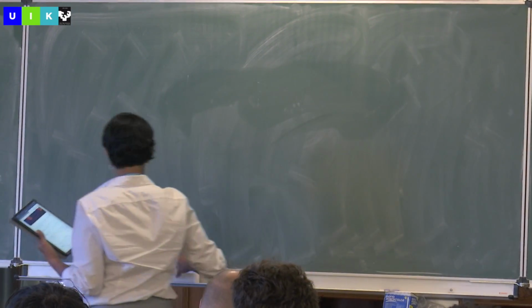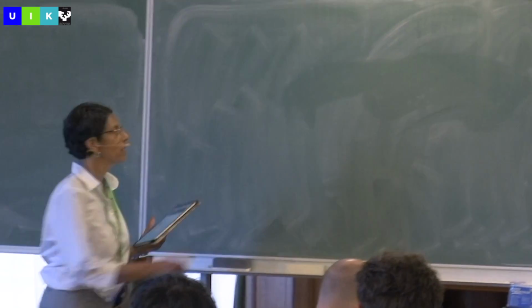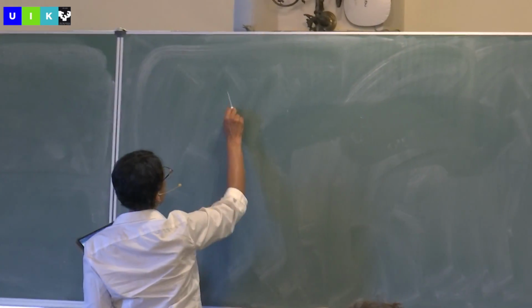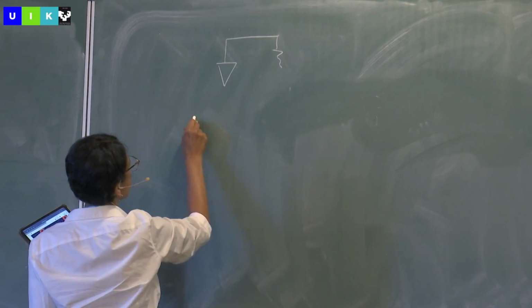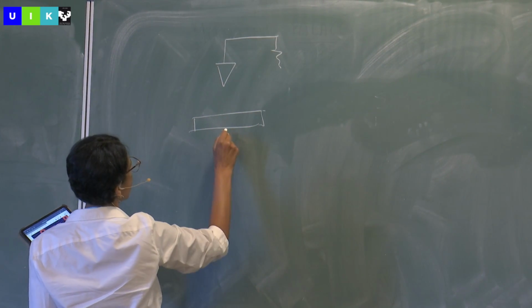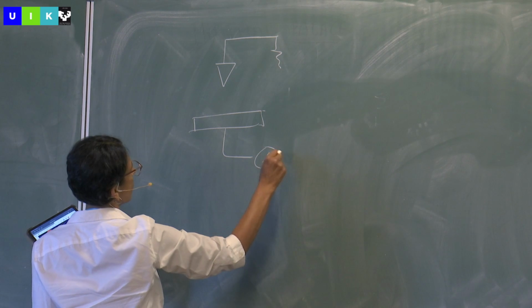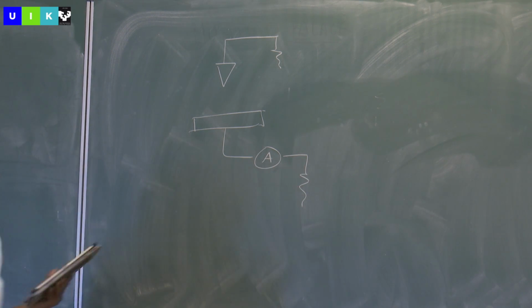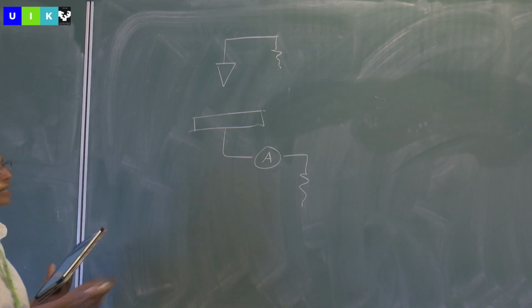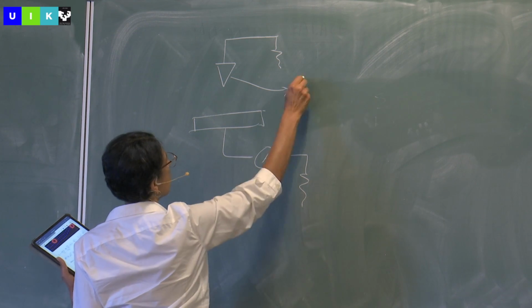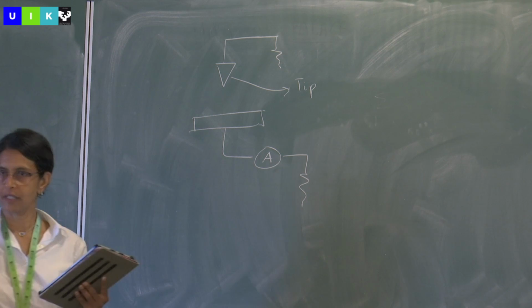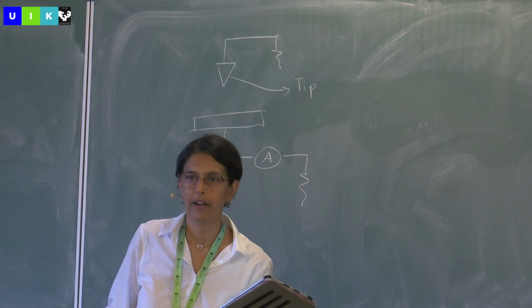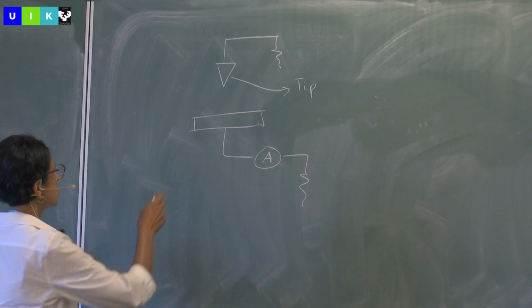So what is a scanning tunneling microscope? An STM is typically this. This is a tip. It's usually just a wire, a little tiny wire, cut, and this is your sample.